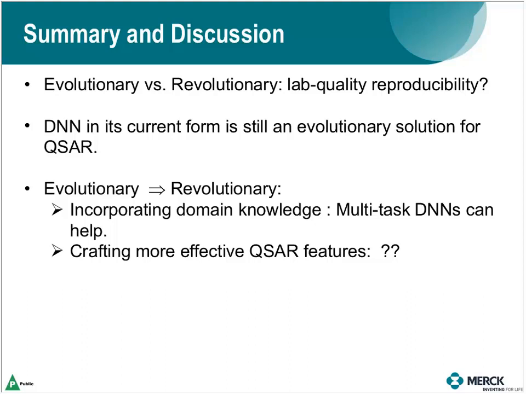At this moment, we tried things like graph convolutional neural nets, and the features were still not good enough to really transform this field the way they did in imaging and pattern recognition.